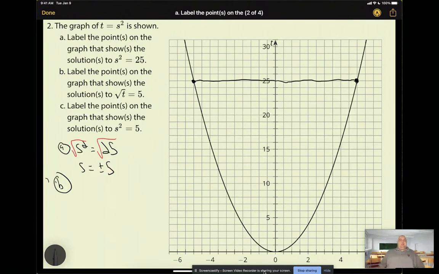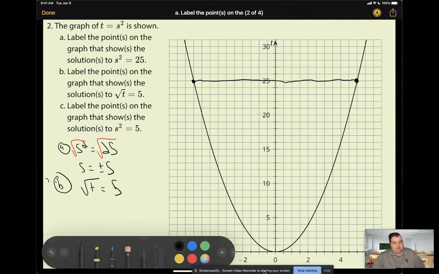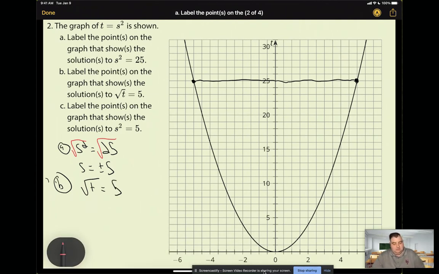B, label the points on the graph that show the solutions to the square root of t equals 5. In this case, the positive square root of t equals 5, so I'm going to square both sides. So that's going to be t equals 25.